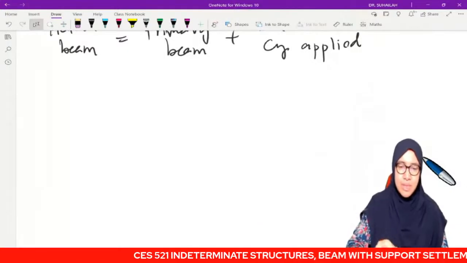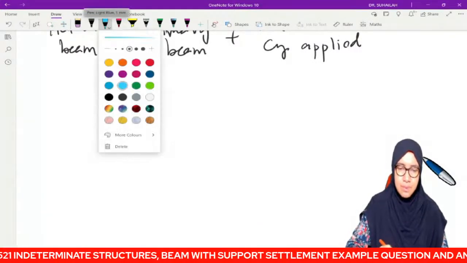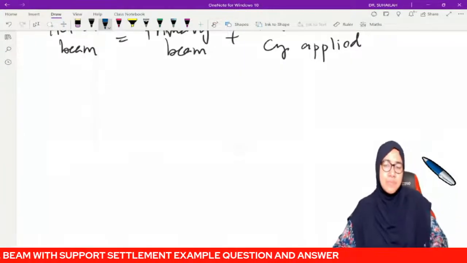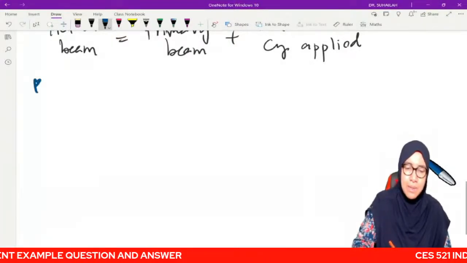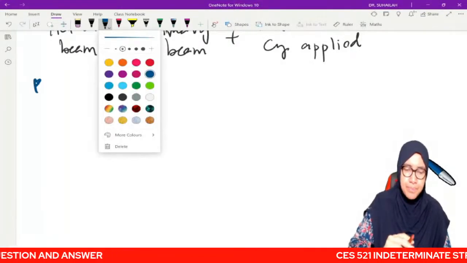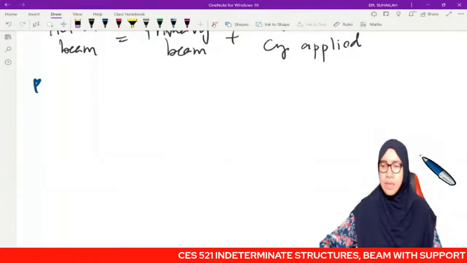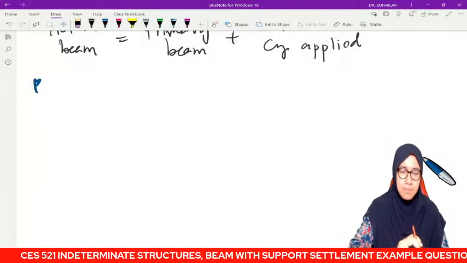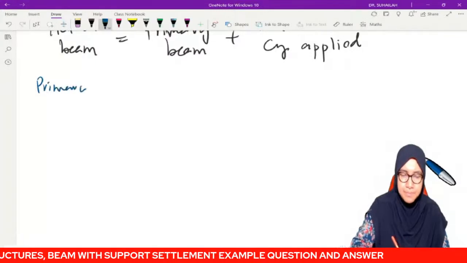So we start with the primary system, the primary beam.